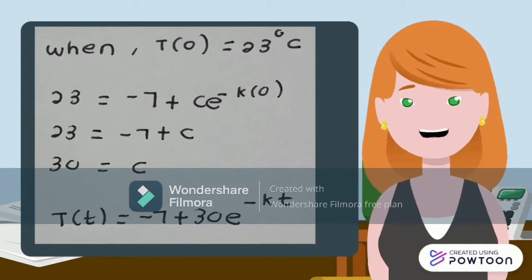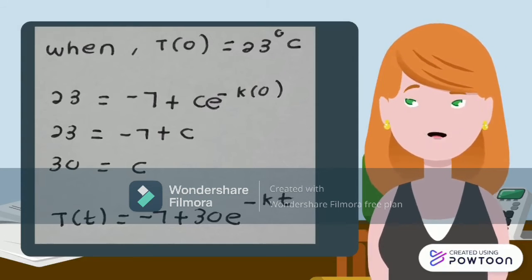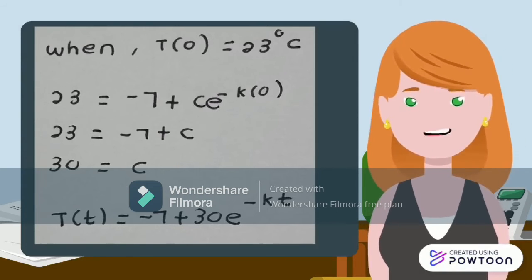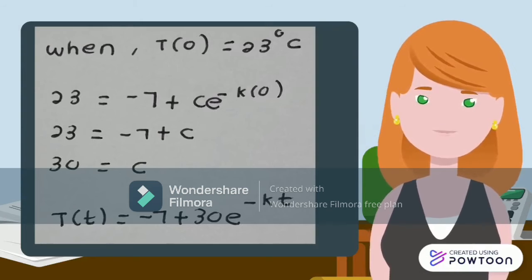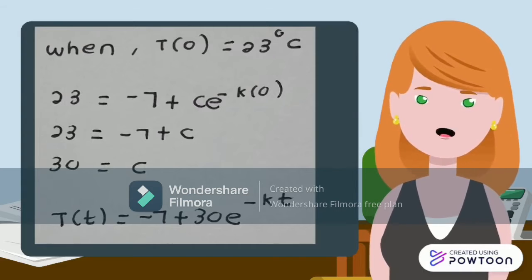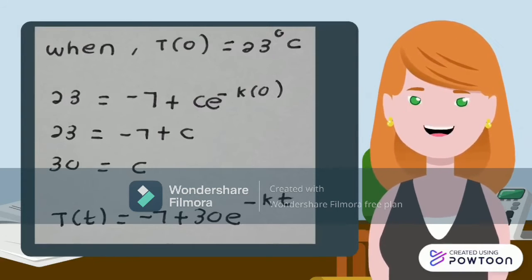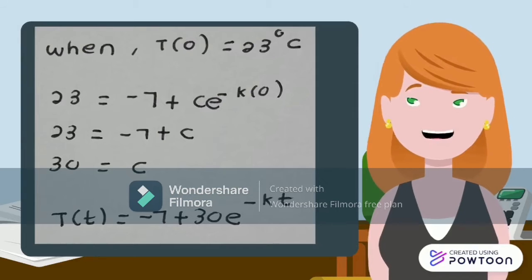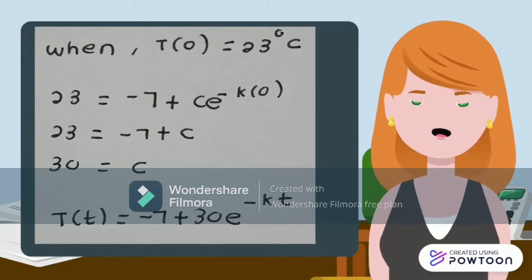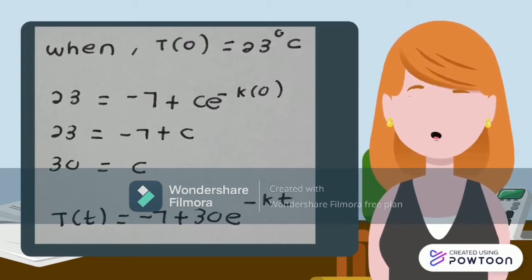Here, from the question, we already know that when the time is equal to 0, the temperature was 23 degrees Celsius. So here, we must substitute the temperature 23 degrees Celsius and the time as 0 in the equation. After we substitute, we will get c equals 30.